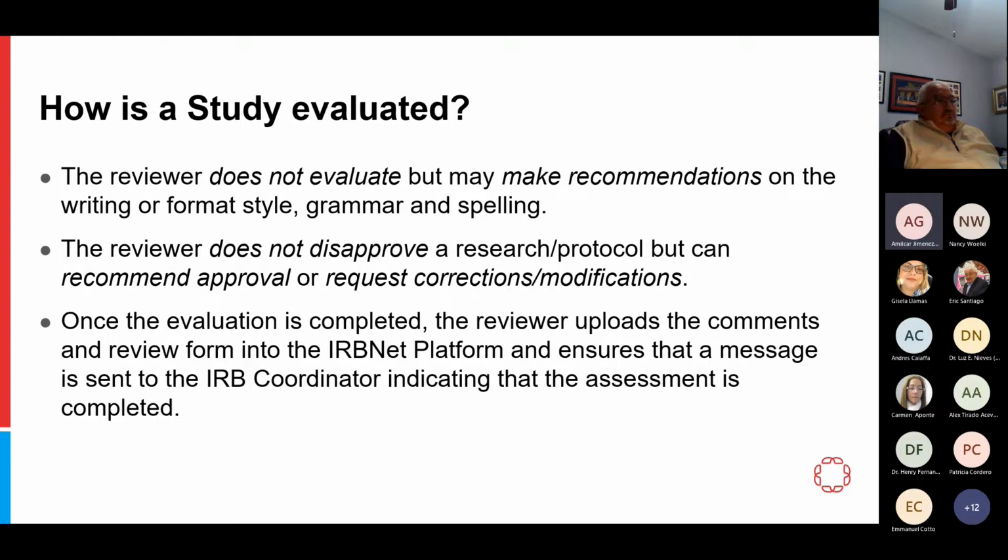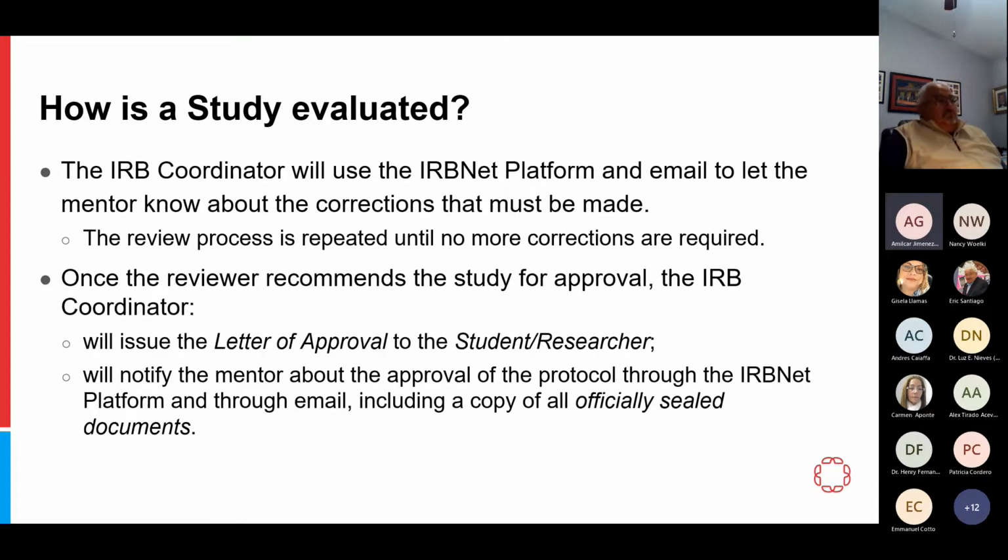Okay. Once the data evaluation is completed, the reviewer uploads every comment through the IRB platform. Everything goes through the IRB platform, and it sends a message to the IRB coordinator indicating that the assessment is completed.